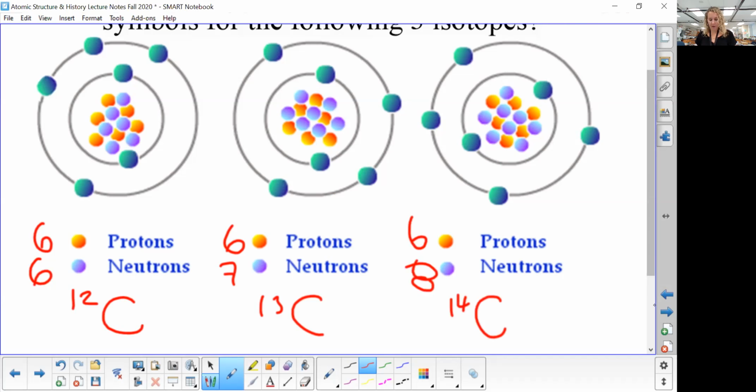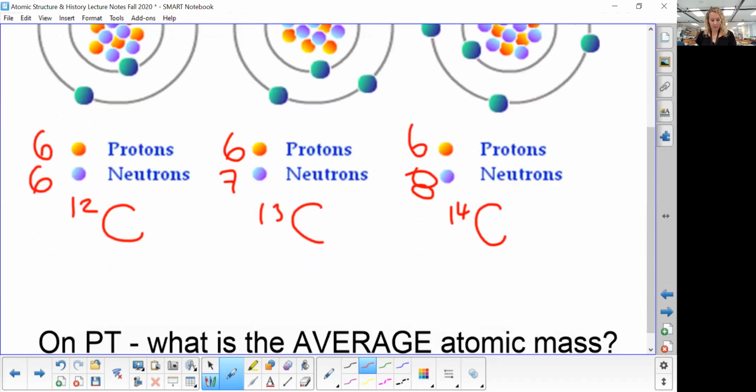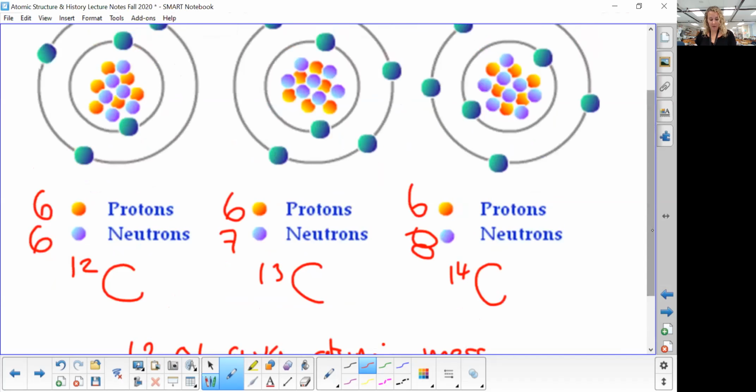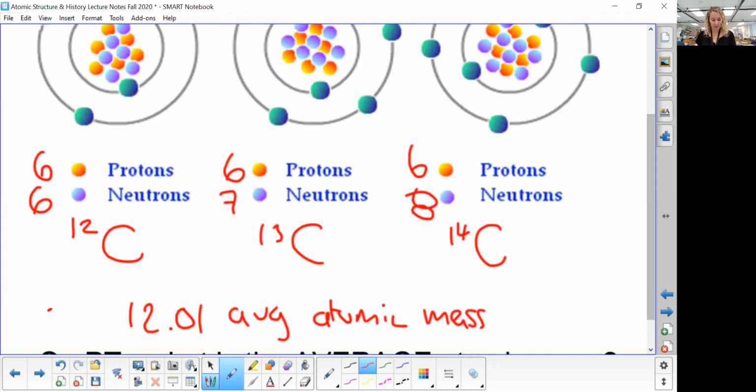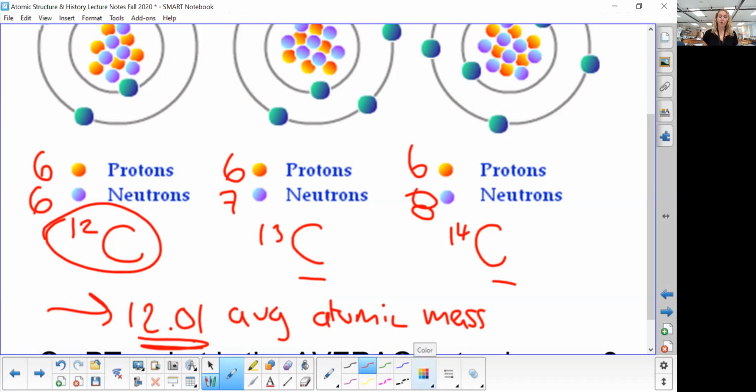And if we look at our periodic table, the average atomic mass of carbon is 12.01. So what that says is that about 99 out of 100 carbon atoms in the universe are carbon 12, because it's really close to 12, and that 1 out of 100 is either carbon 13 or carbon 14.